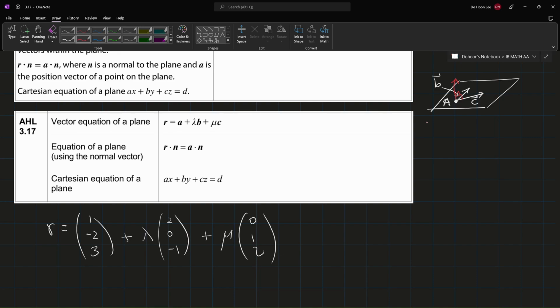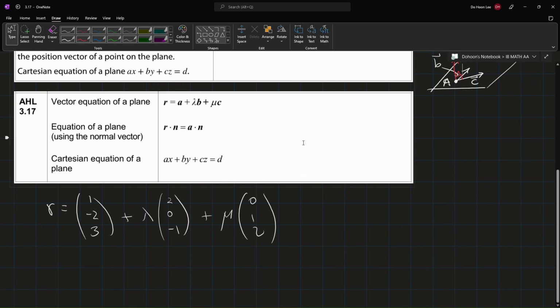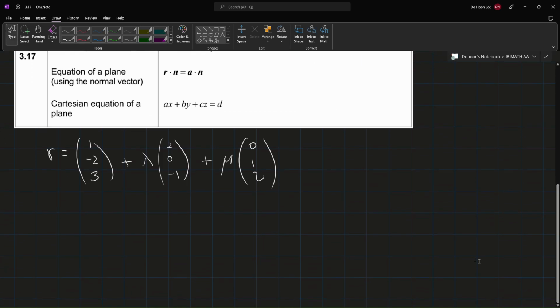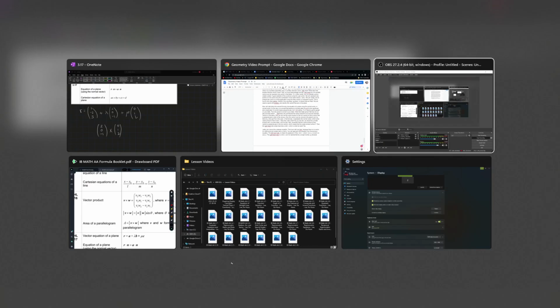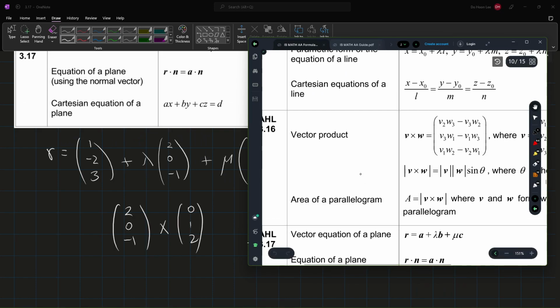Let's try that for the example that I gave here. What we should do is find the vector product of my two direction vectors. So it'll be (2, 0, -1) vector product with (0, 1, 2). Let's use the vector product formula.